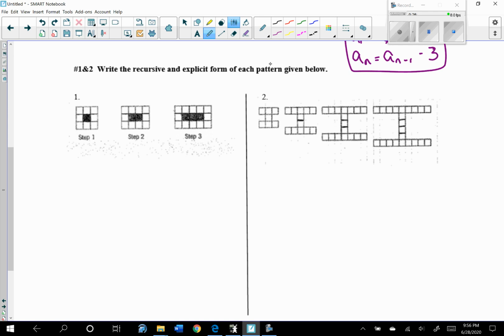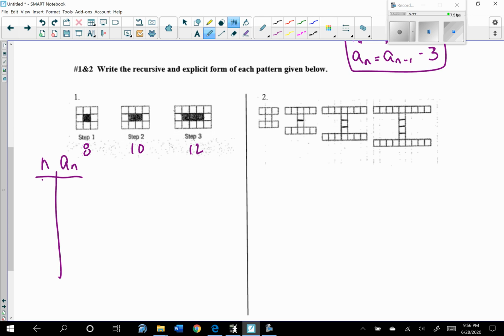So looking at 1, the first thing I would do is notice how many blocks I have there, not including the ones that are blacked out. So in this case, in step 1, it looks like you have 8. In step 2, it looks like we have 10. And in step 3, we have 12. So just like we had before, I would make a table.